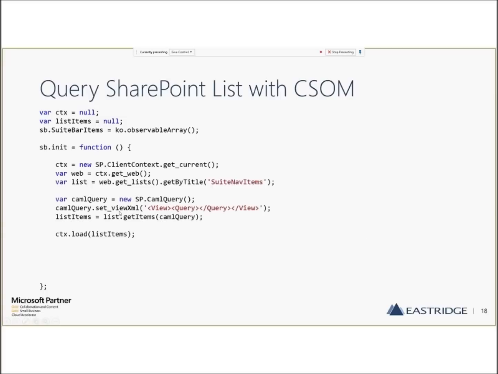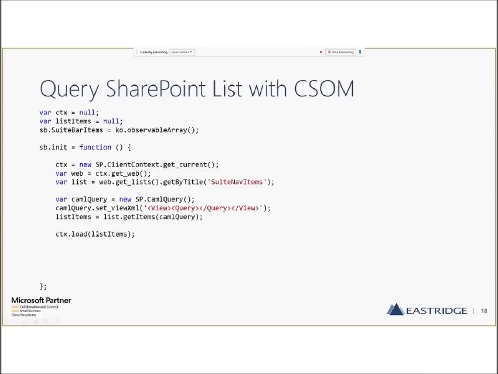Well, now we need to query the list, and how we do that is with a CAML query. So in this case, the query itself is dumb. It doesn't care. We want all the items, so we don't have to specify any actual clauses in that query. We're just getting everything, and we're going to get the items using that CAML query into a variable called listItems. Now, listItems isn't useful yet because we haven't actually loaded it yet, and everything in CSOM is asynchronous.